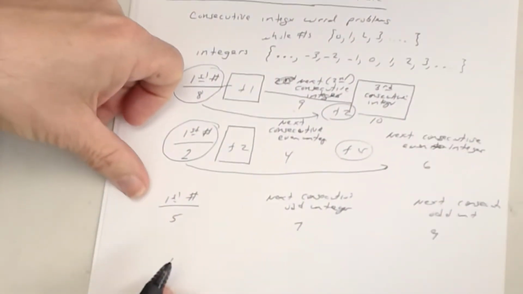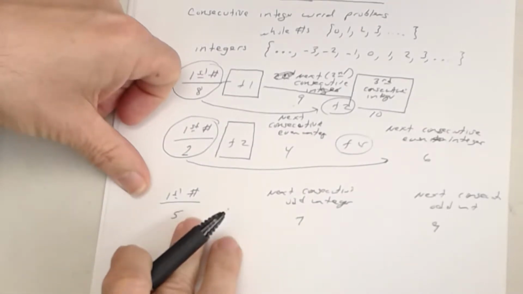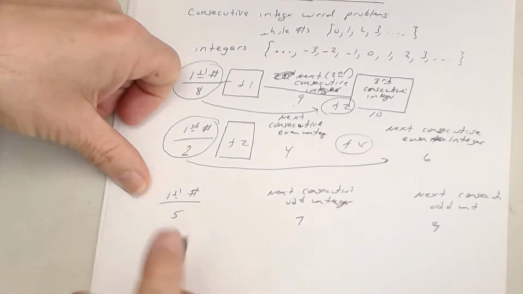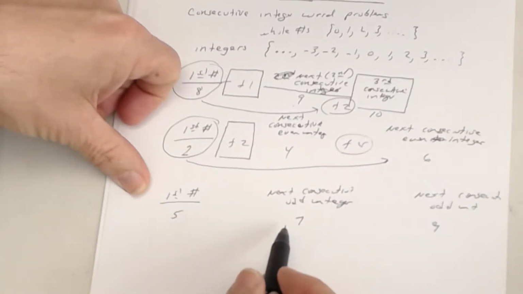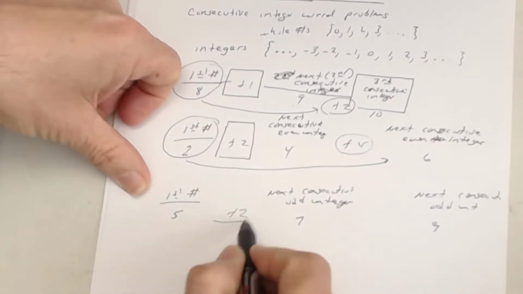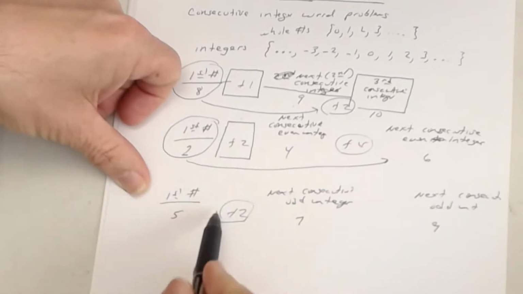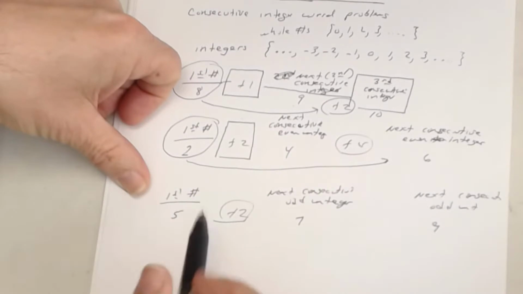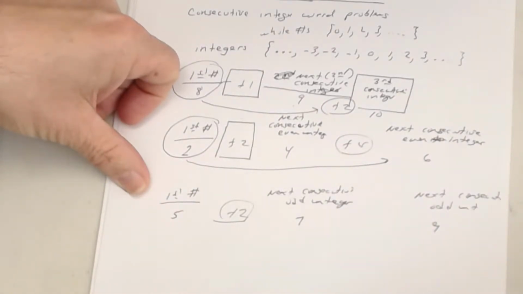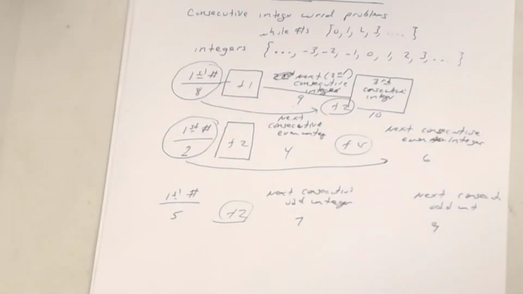If my first integer is 5, what do I need to add to 5 to get 7? 2. So I want you to notice that these numbers are the same right here. Okay? So people get confused with odd. They want to add an odd number to get the next odd number. But if my first odd number is 11, how do I get my next odd number? Add what? 2.